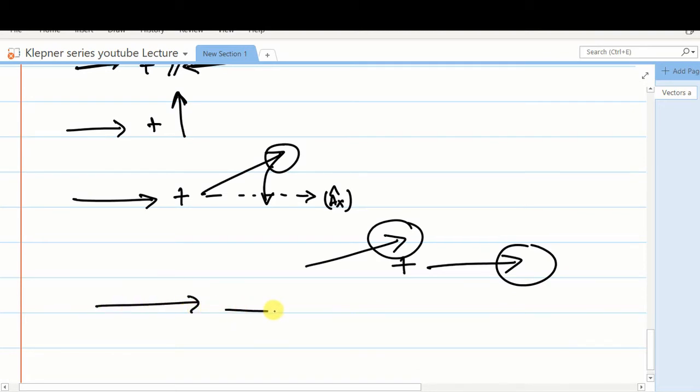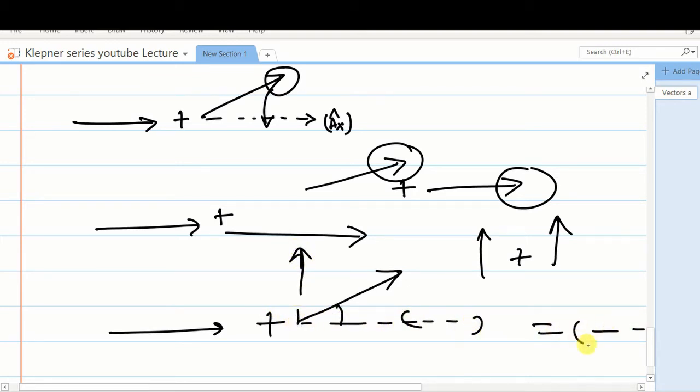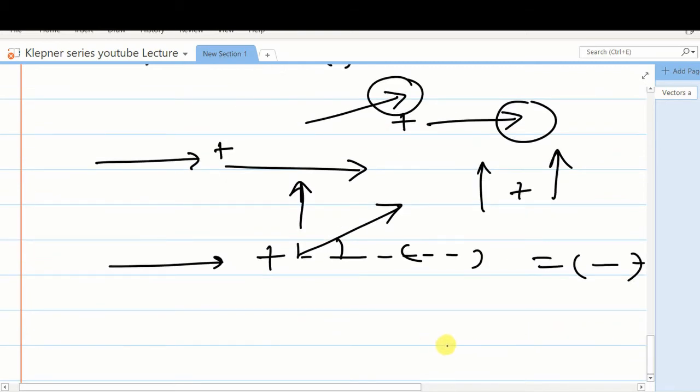If they are aligned this way, they can be added. In general, you divide them into components, find the component in this direction, and then you can add or subtract.